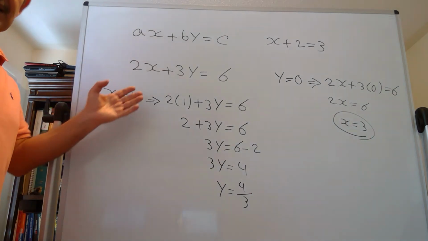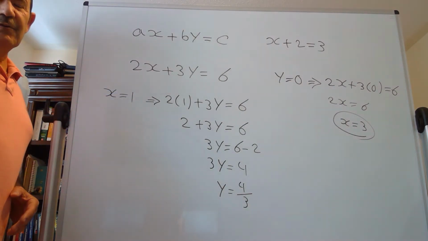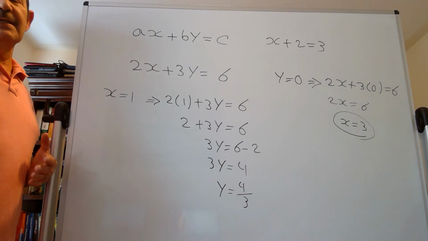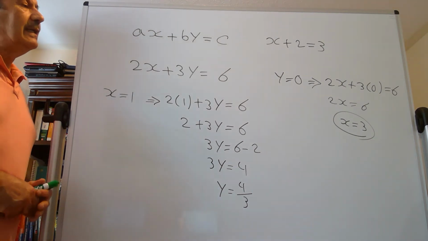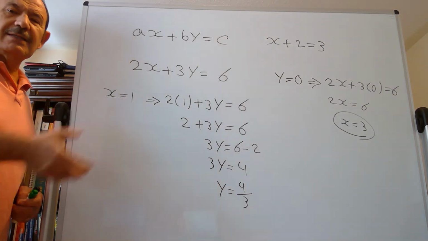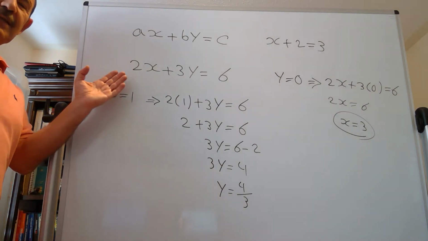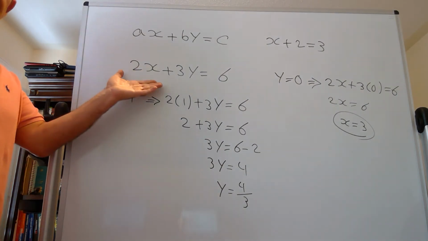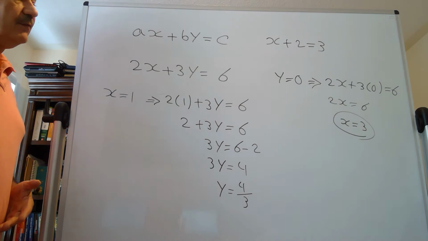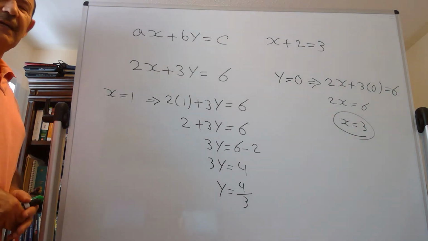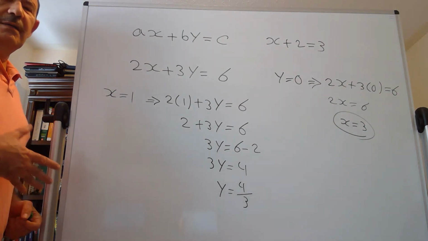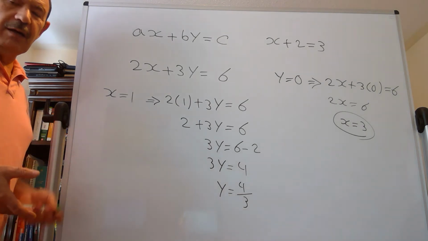The graph of a linear equation is always going to be a straight line. It doesn't matter that it has two variables, or which format, standard format or slope y-intercept format. If we graph them, the graph is always going to be a straight line.